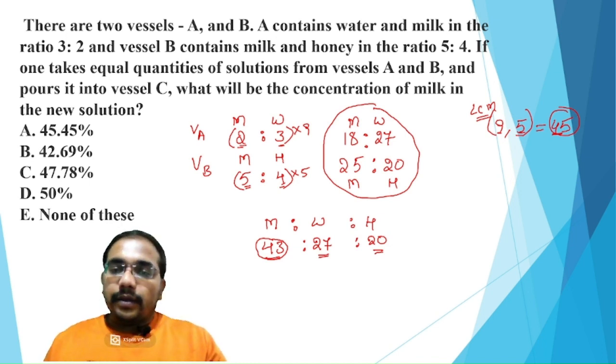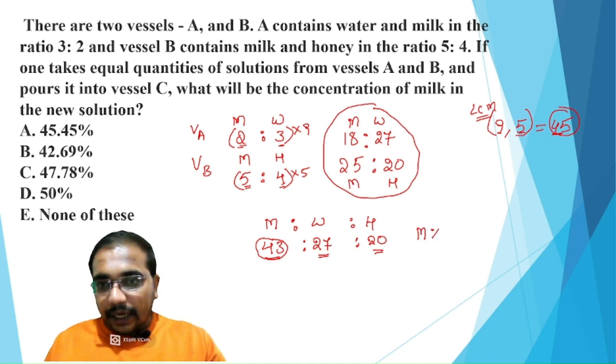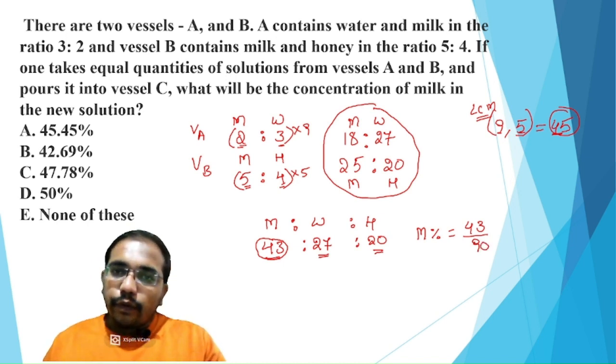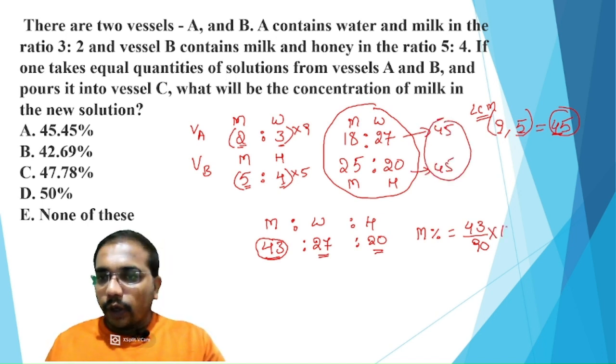Now the concentration of milk, that is milk percentage, they are asking. Milk percentage is how much value? 43 out of 90. Sir, how are you saying 90? Because we made this one 45, this one also 45. Total 90 only, right? Into 100 percentage. 0, 0 cancel.